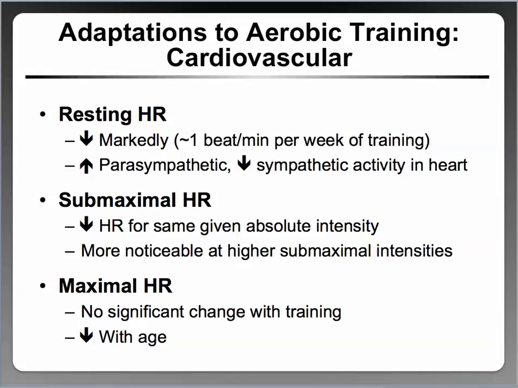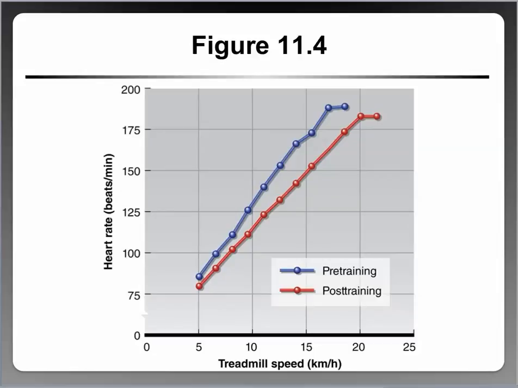So let's talk about what happens with the submaximal heart rate response. Basically, you have a lower heart rate for the same given absolute intensity. We have this figure to help illustrate the point. For the same absolute intensity, say we pick 5 kilometers an hour, you can see that post-training, the red line is lower compared to the blue line, which was before they started their endurance training program.